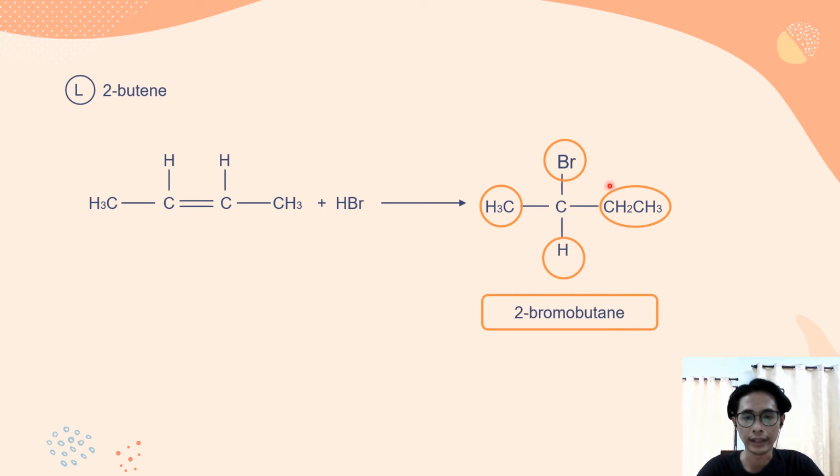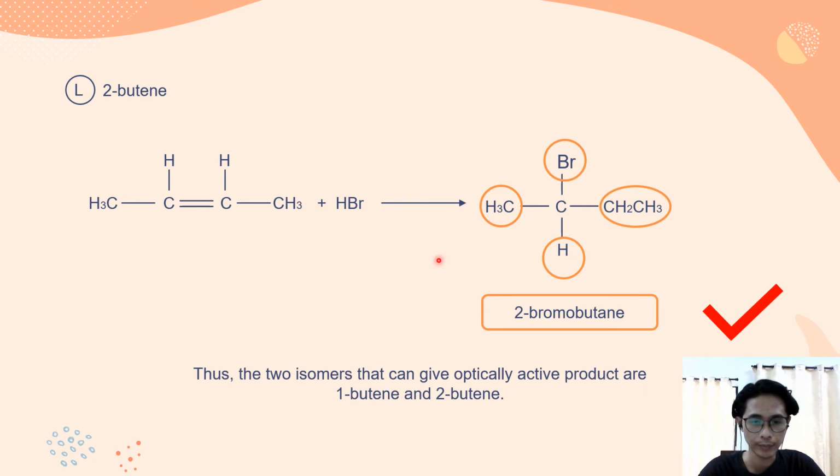So there are again 4 different groups attached to the carbon atom, which means this carbon atom is a chiral carbon and it does produce an optically active product.